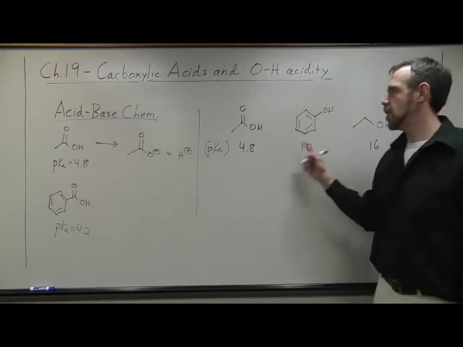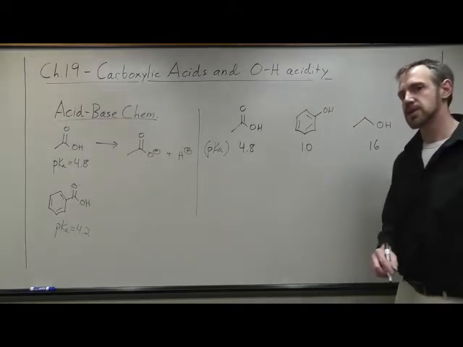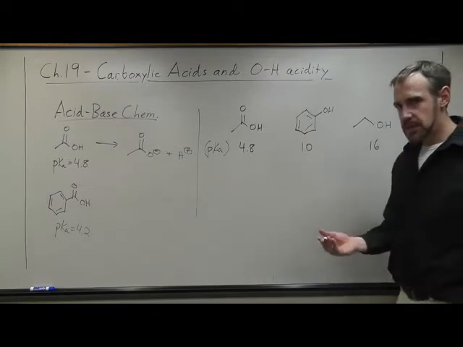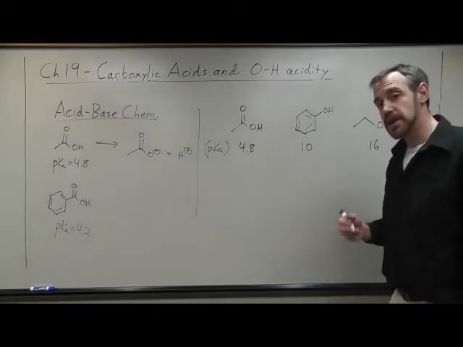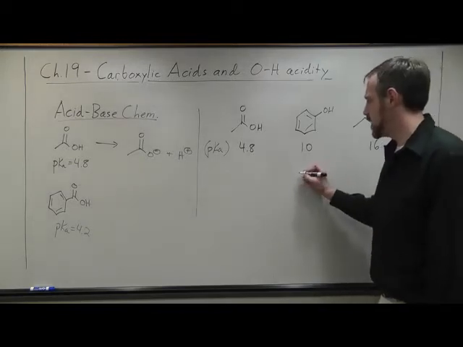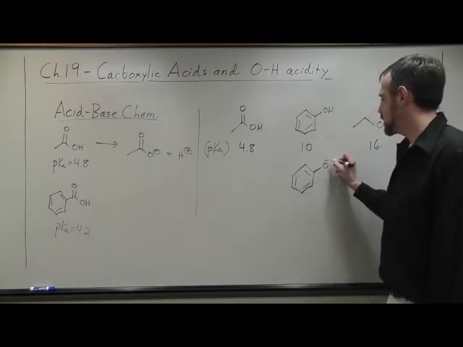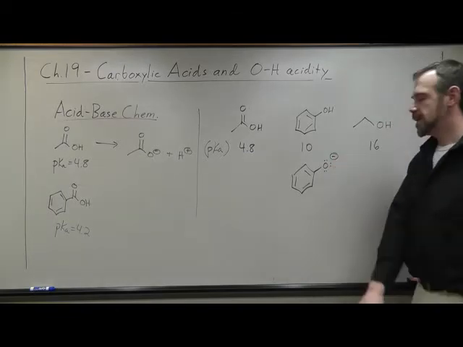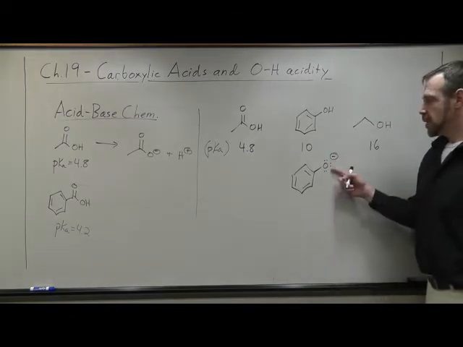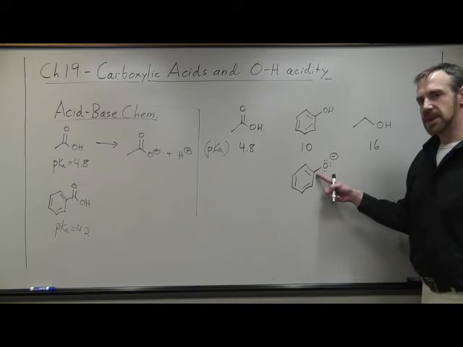And let's compare phenol to both of these other functional groups. Well, whenever you're thinking about acids, you have to deprotonate them and look at the stability of the resulting anion, because that really tells you everything you need to know. And so if phenol is deprotonated, O- is directly bonded to the benzene ring.